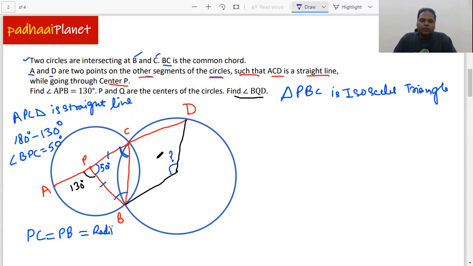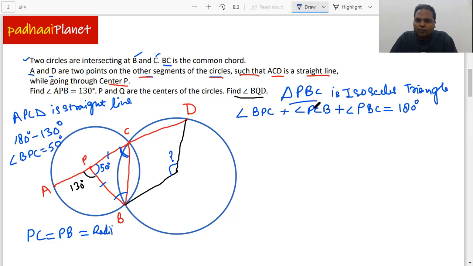Now, in this triangle, we can always say that angle BPC plus angle PCB plus angle PBC will always be equal to 180 degree, because that's the theorem of the sum of all the angles of a triangle.